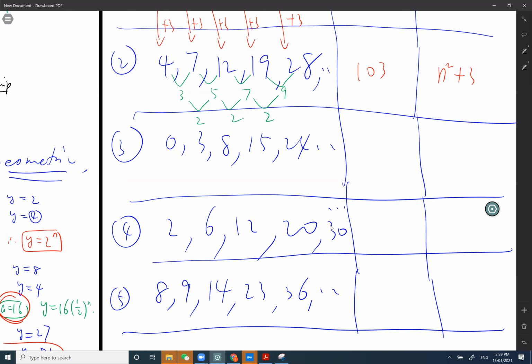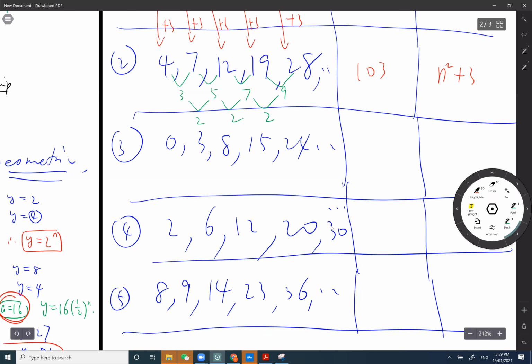After here, we almost got the answer. A quadratic sequence is an squared plus bn plus c. So you need to find a, b, c.